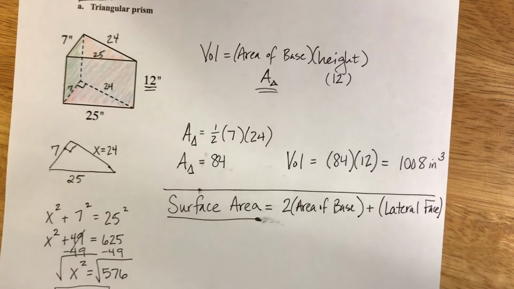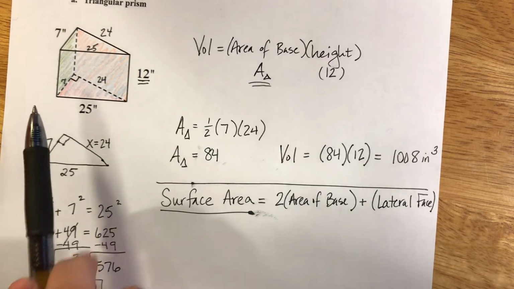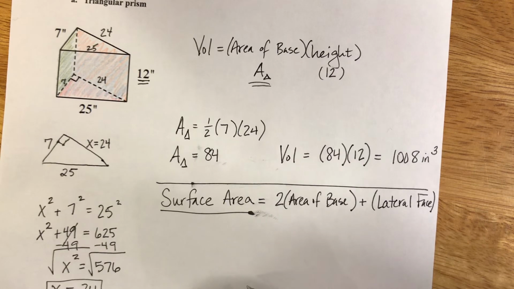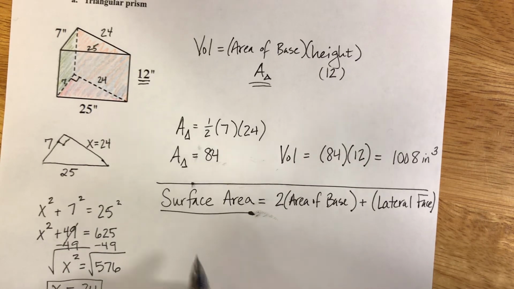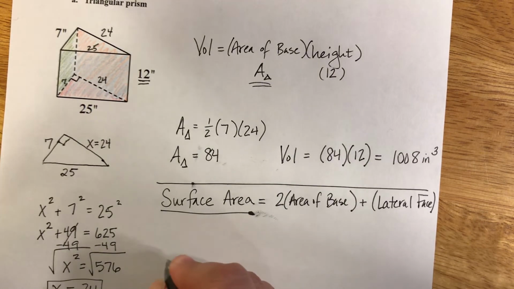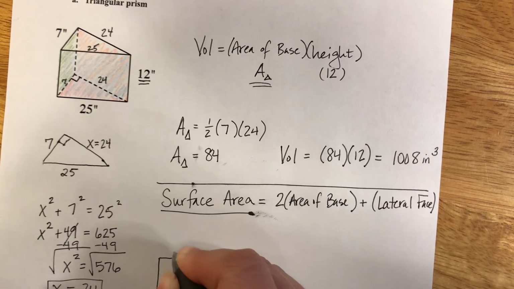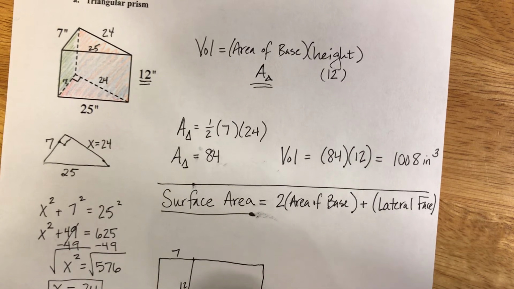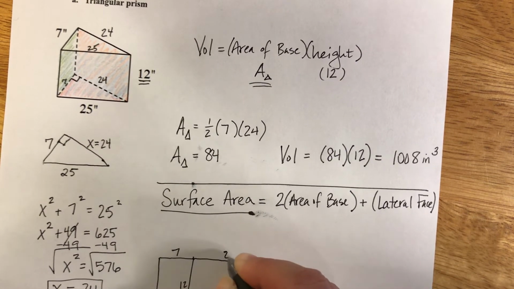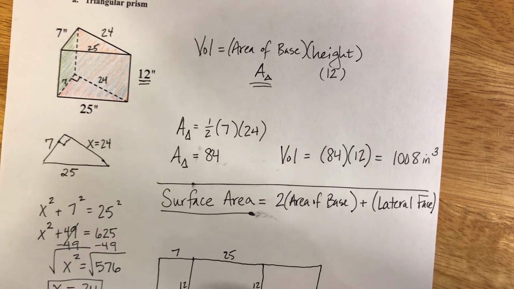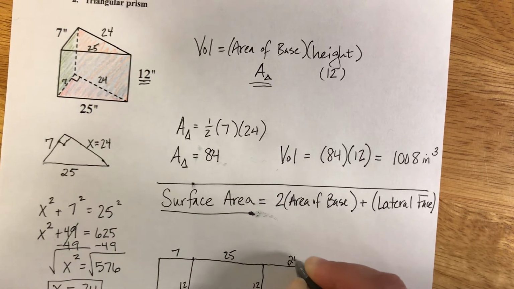Alright, so let's think about this for a second. Every single one of those is 12. If I were to cut the bases off of my prism and flatten out those lateral surface areas, I would have this 7 by 12 rectangle, and then it would continue on to my 25 by 12 rectangle, and then that would continue on to my 24 by 12 rectangle.